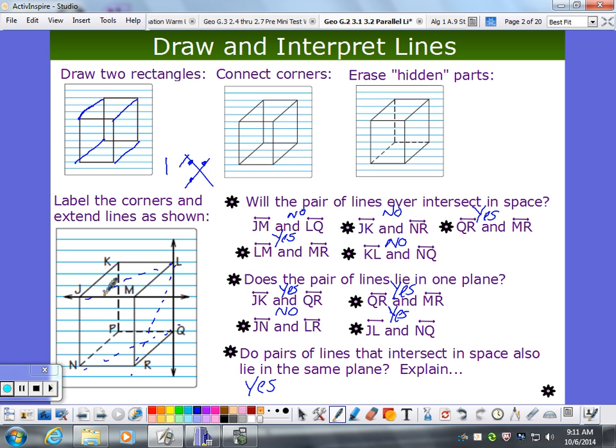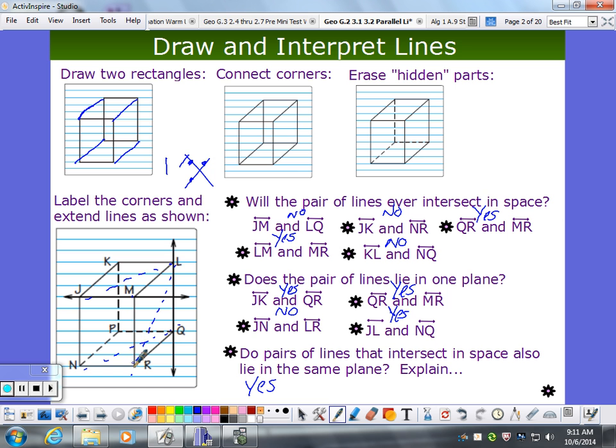Let's look at JM and LQ. Can I fit a plane on lines that don't intersect? No. That's our no. So if they intersect, yes, you can make a plane. If they don't, no. Well, parallel lines? Oh, okay.